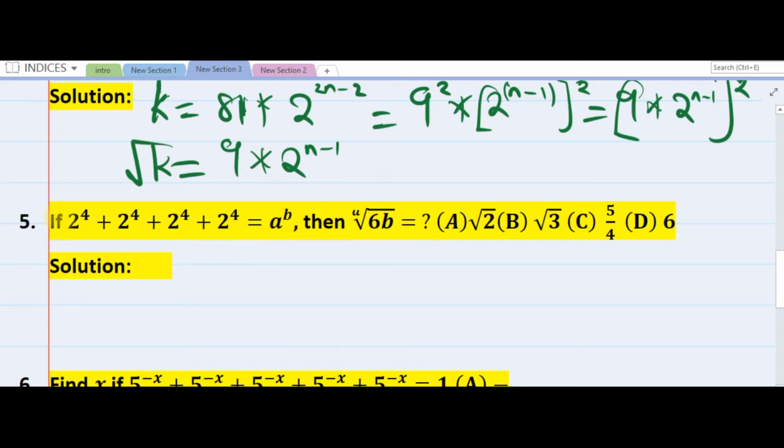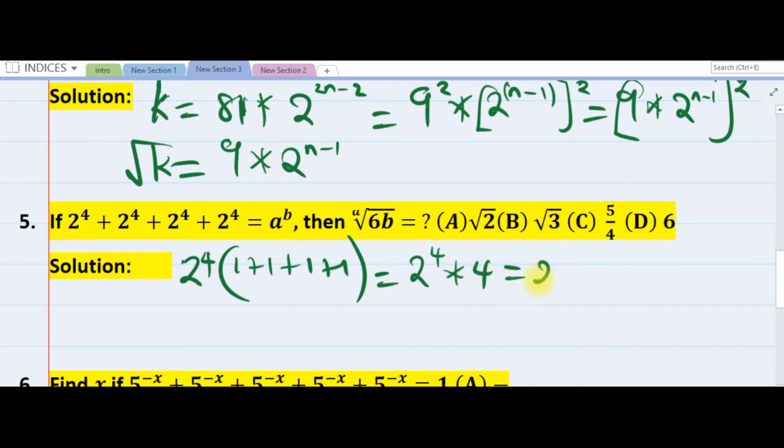You notice a pattern. There is something common. If you bring out 2 raised to power 4, you are left with 1 four times. Check it. So 1 plus 1 plus 1 plus 1, four times, is 4. And 4 is 2 raised to power 2.